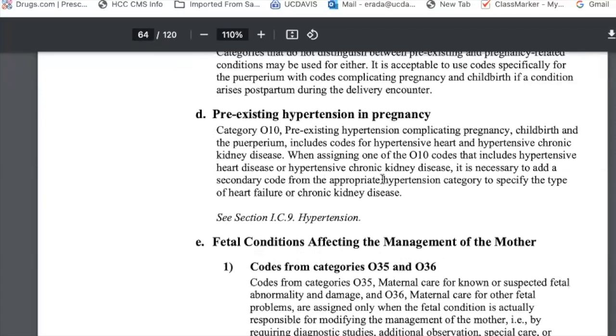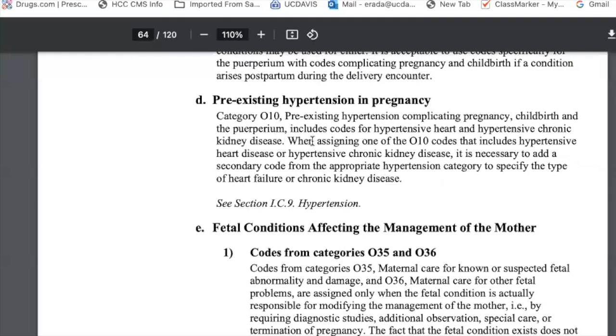Pre-existing hypertension in pregnancy, category O10, pre-existing hypertension complicating pregnancy, childbirth, and the puerperium, includes codes for hypertensive heart and hypertensive chronic kidney disease. So pre-existing hypertension in pregnancy, guys, is almost like regular hypertension when you're assigning codes for that, just make sure that you assign hypertension as a complication to pregnancy.